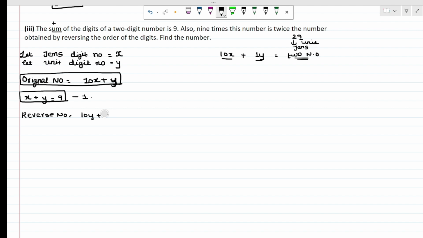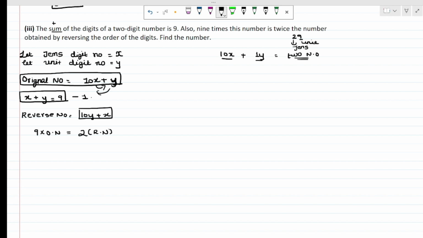This is called the reversed number. Now, go according to the sentence. 9 times this number means 9 times your original number. It's comparing that 9 times this number is twice the number obtained by reversing. That means twice your reversed number.